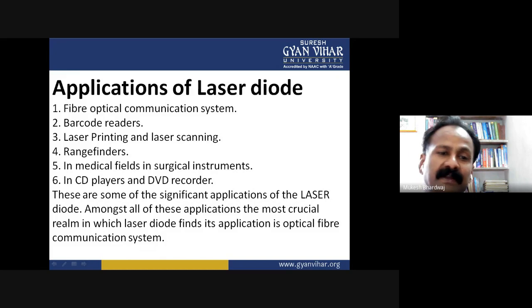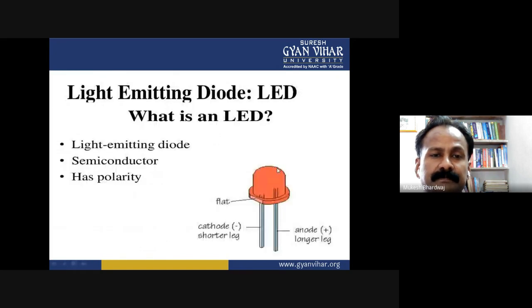In the medical field, in surgical instruments, in CD players and DVD recorders, there are some significant applications of the laser diode. Amongst all of these applications, the most crucial realm in which laser diode finds its application is the optical fiber communication system. So it is most widely used in optical fiber communication system.